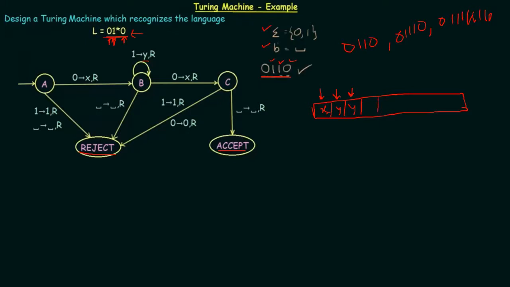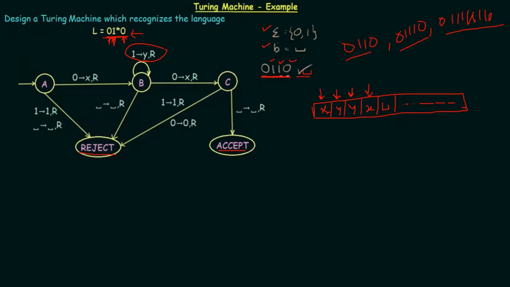Here I am going to get another x. Now on the C state, if there is nothing, that means there is a blank symbol over here, it is going to the accepted state. Everything from now on will be a blank symbol. So that is how it is going to work. It doesn't matter how many 1s you put there, it is always going to be accepted.